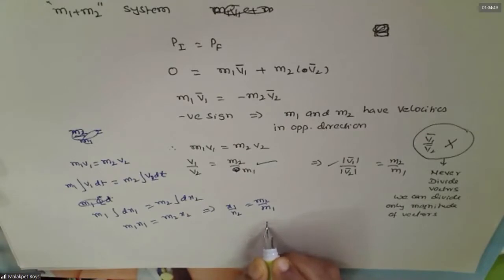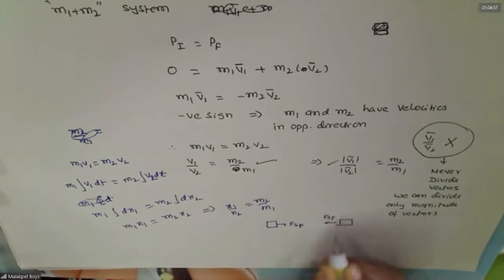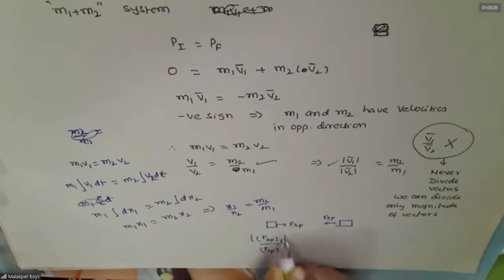This is the spring force on the first block. On the second block, this is the spring force. Now both spring forces are the same, no? Same, sir. Magnitude wise, yes.